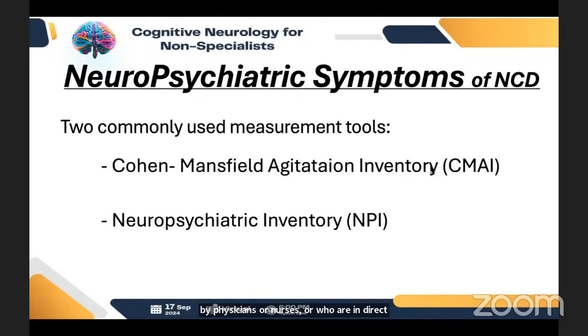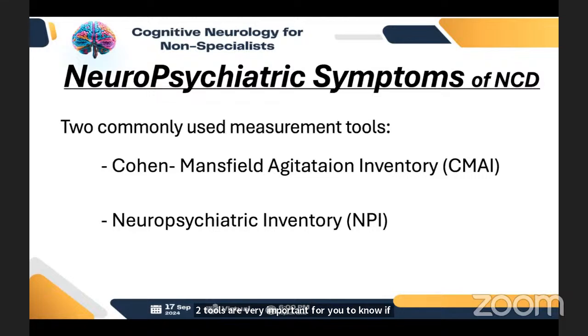Sometimes they could be administered by care providers, but they will give you an idea about what neuropsychiatric symptoms are present, how they are responding to treatment, and how they are changing throughout the course of the disease. They are the most common tools. I didn't mention other tools, not to make it harder or more complex, but these two tools are very important for you to know if you're interested in dementia.